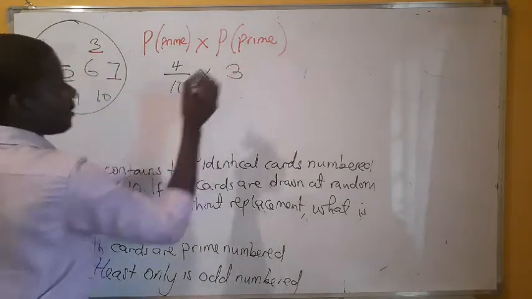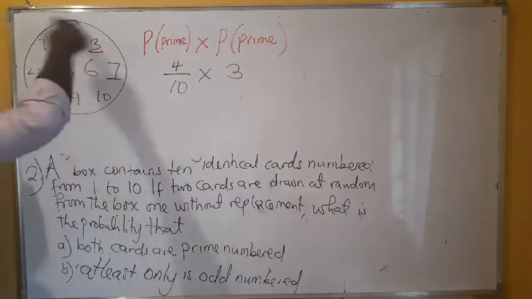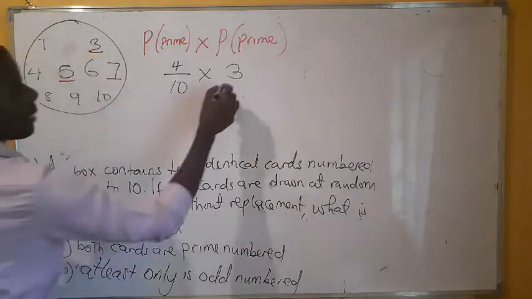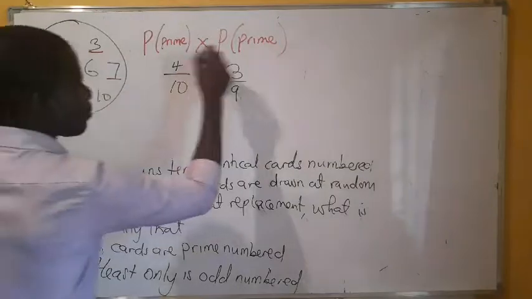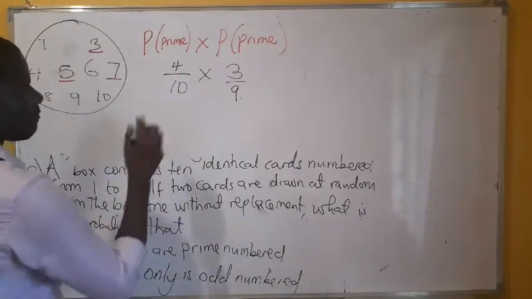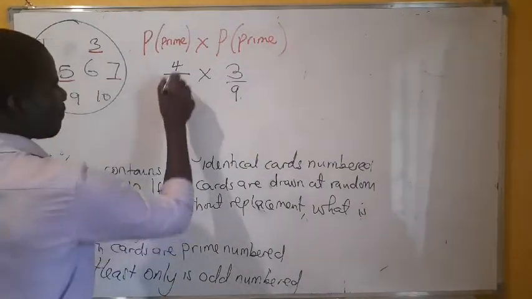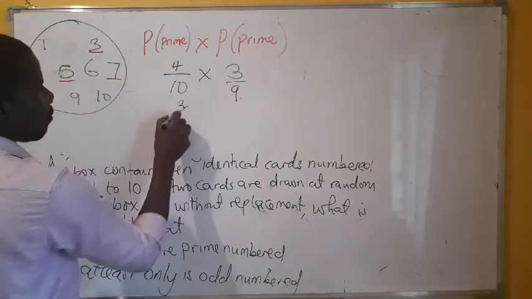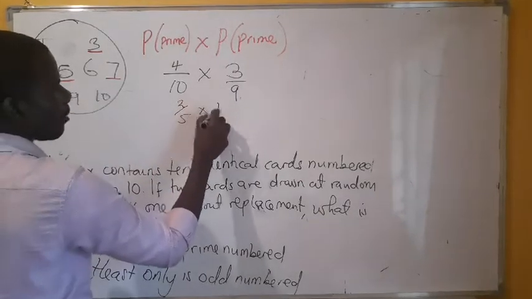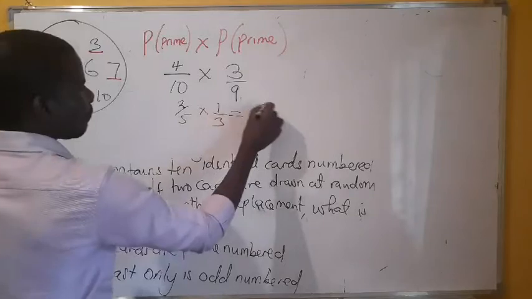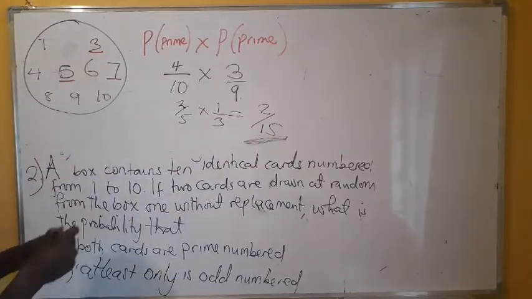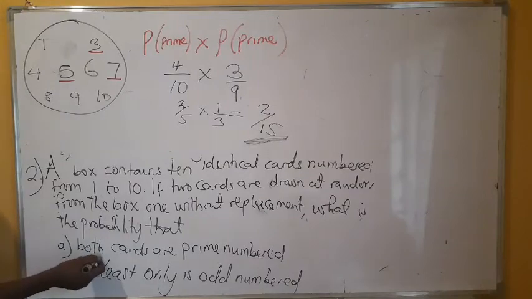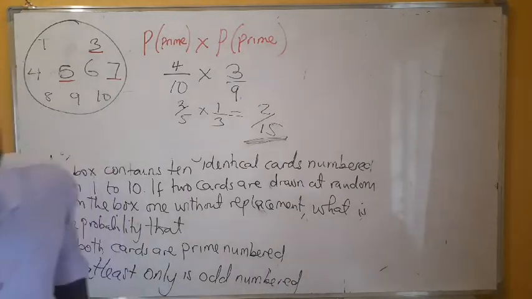There are 3, and the total number has reduced from 10 to 9. You can simplify this to 2 over 5, and this to 1 over 3. Then you have 2 over 15 as your answer for the first question.